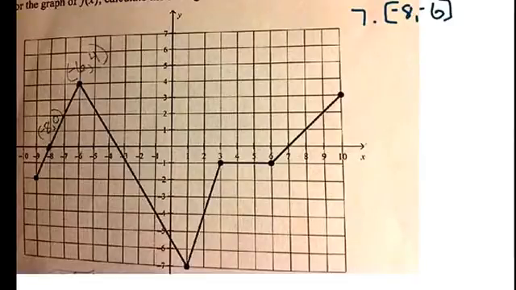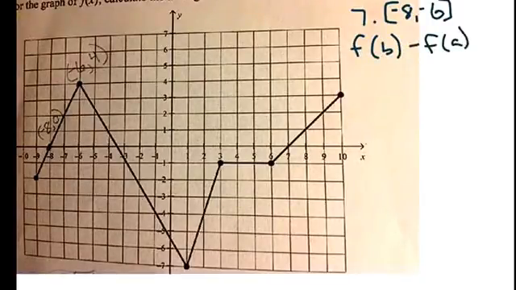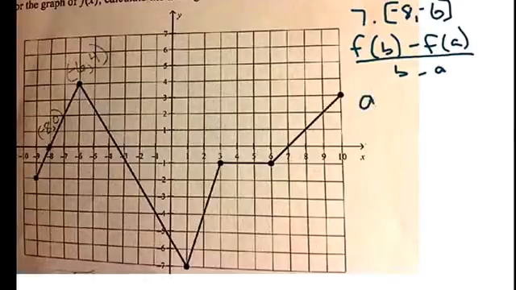Better. Okay, so the first thing I need to do is look at my function, f of b minus f of a over b minus a. Okay, again, I have my a equals -8 and b equals -6, so I'm going to plug those in.